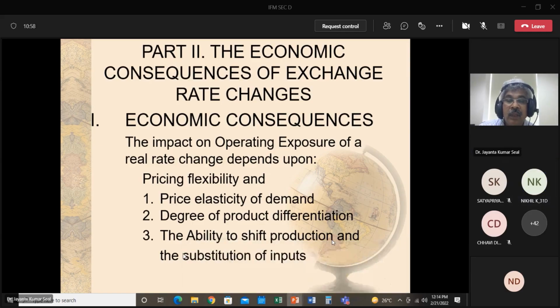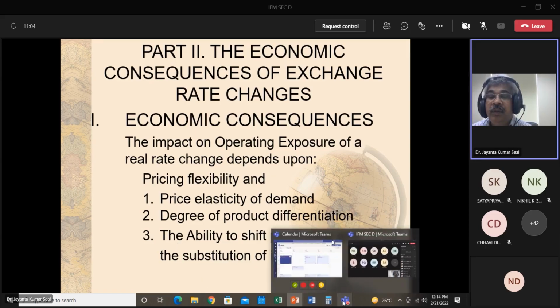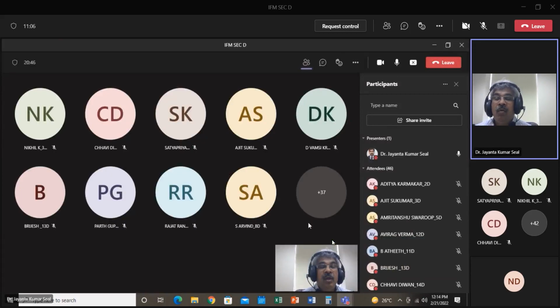No, sir. And the last point is the most important: ability to shift production and substitution of inputs. That is why all the companies are shifting their base to China, because the manufacturing cost in China is less. Not only the US companies, other companies in the world are also shifting their base to China.